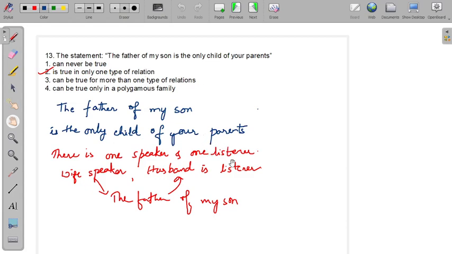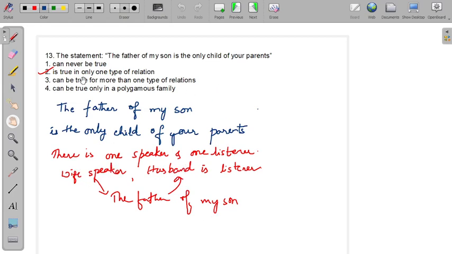The listener, the second part, must also be a male. So the only possibility that arises is that the wife is the speaker and the husband is the listener, because the wife is saying the father of my son, which is nothing but her husband, is the only child of her husband's parents, your parents.